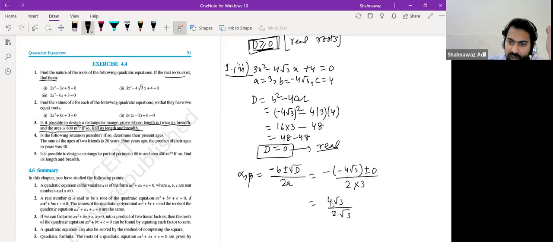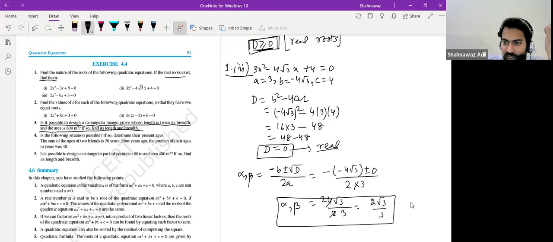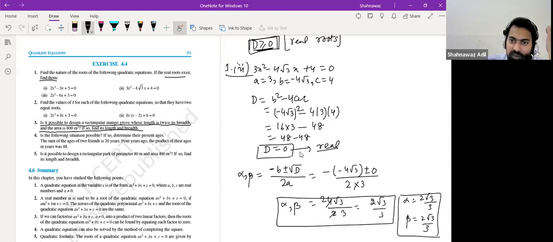So this is 6. So 2 root 3 by 3, alpha and beta, right? Alpha is 2 root 3 by 3 and beta is also 2 root 3 by 3, because your D is 0, right? So real and equal. Okay, guys, so please note this down and then we will do the third question.